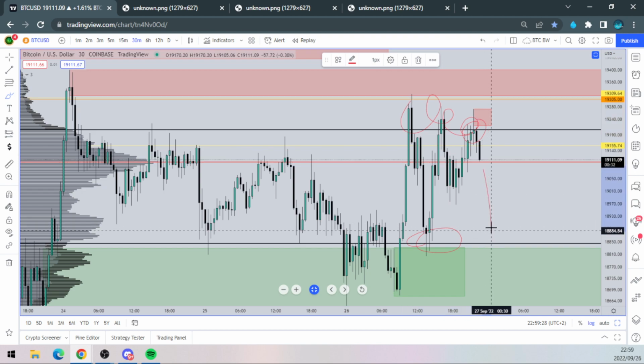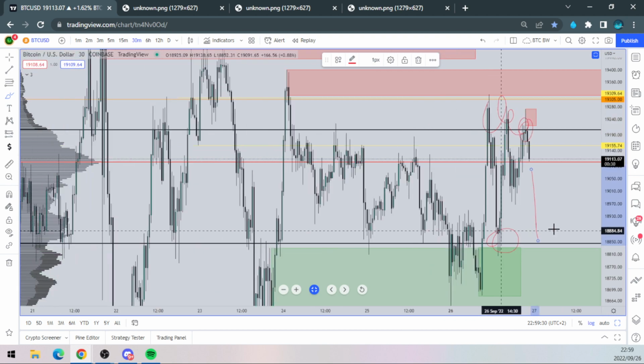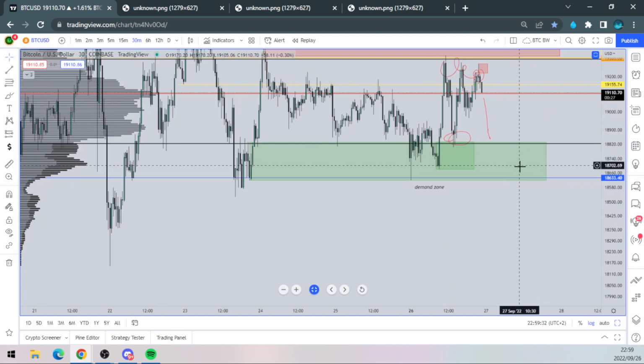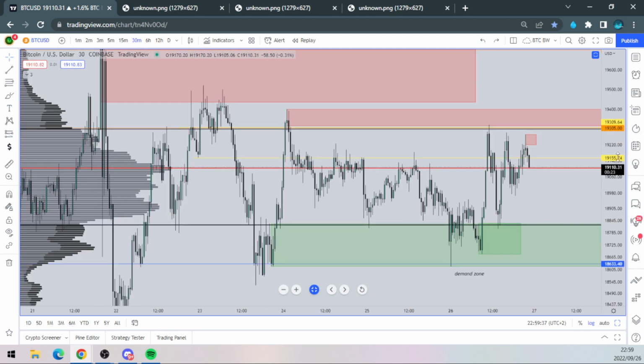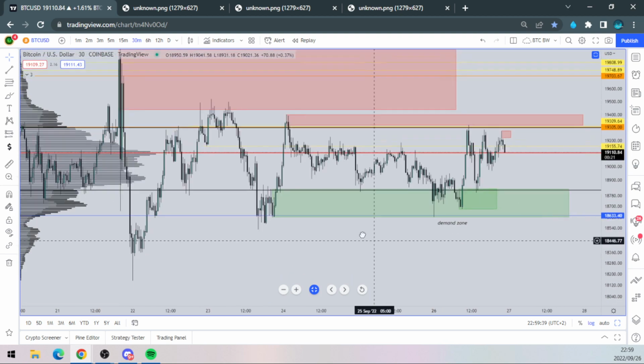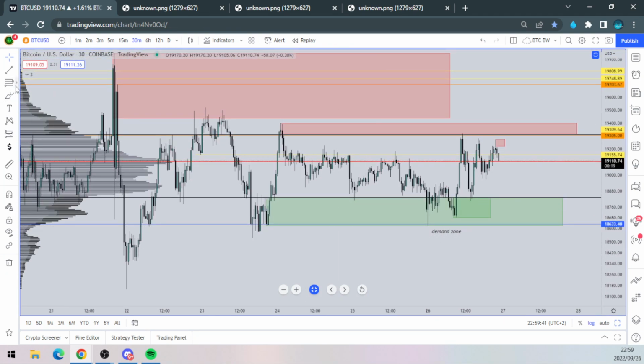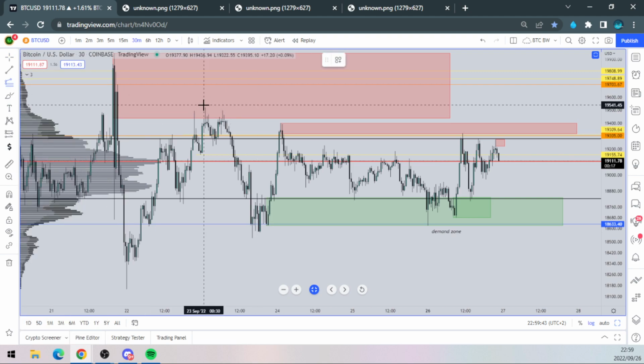So we'll look to come down here, if not lower, through this into those lows at 18k, which would basically be an extension of this move down here, right?